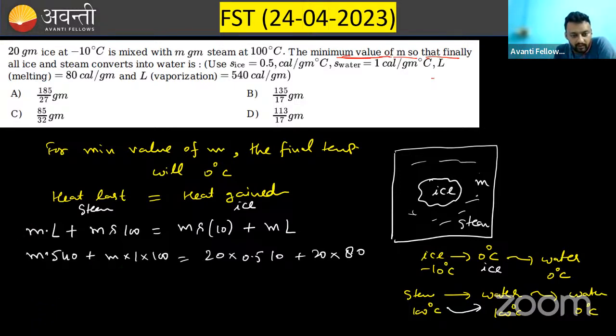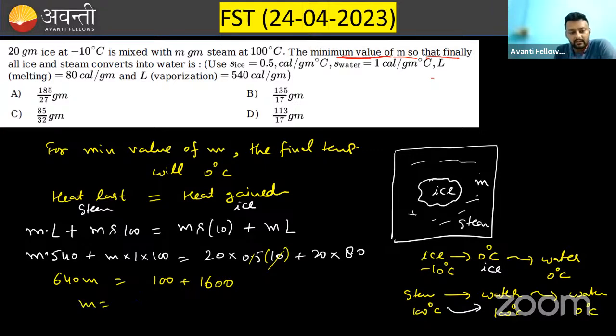It will become 540 and 100, 640 m, is equal to 100 plus 1600.